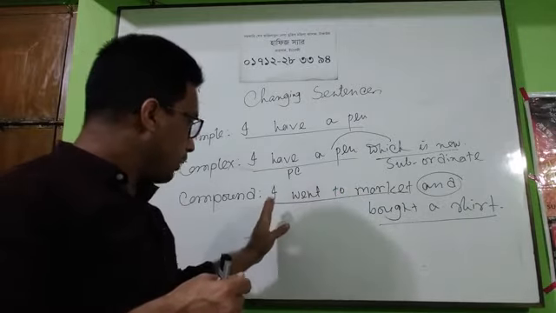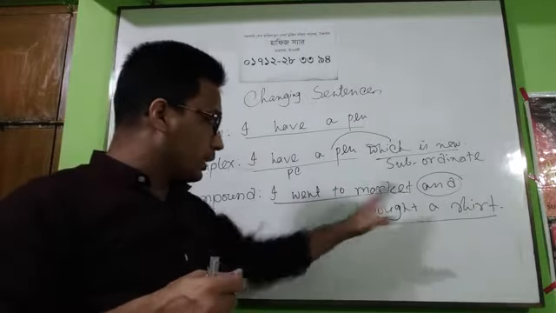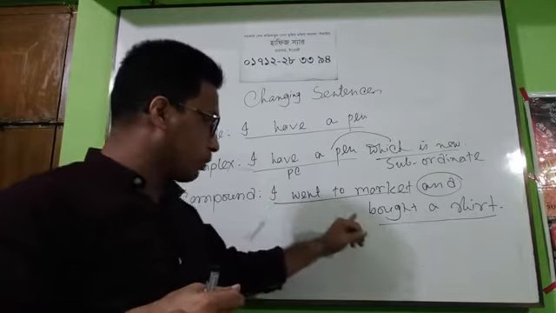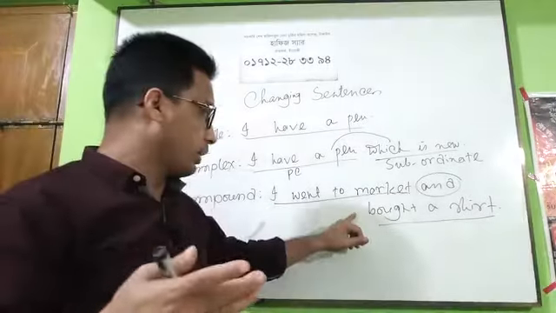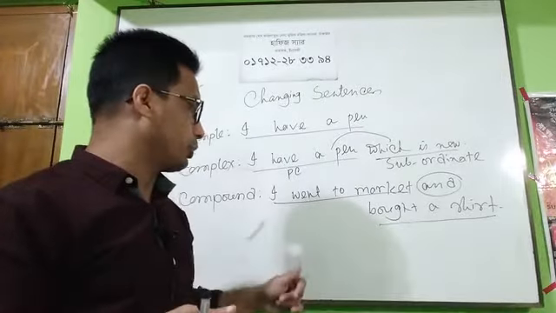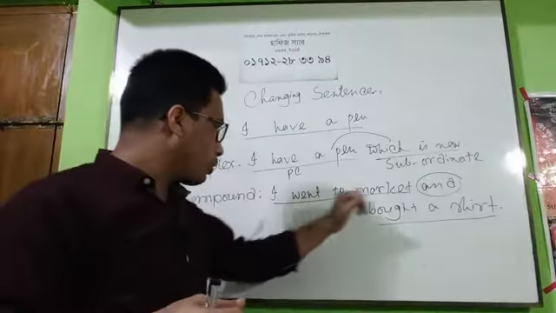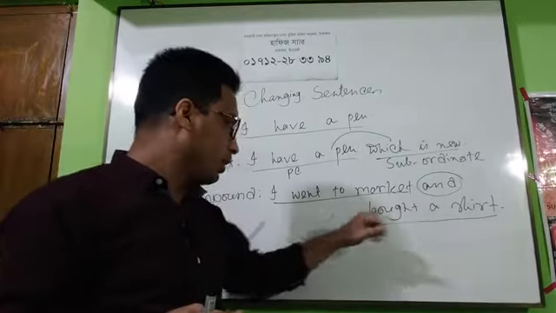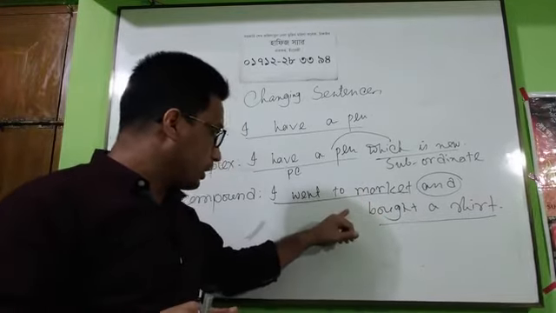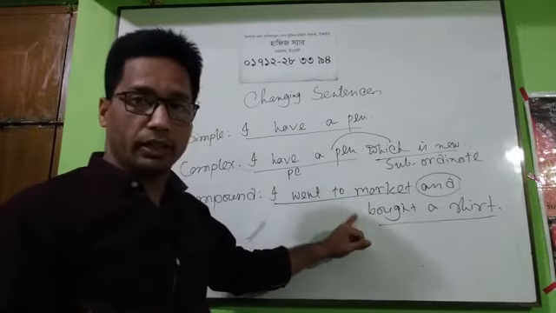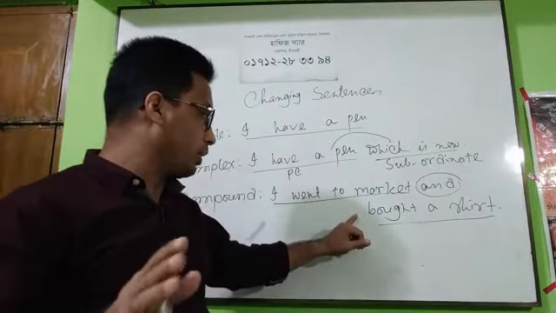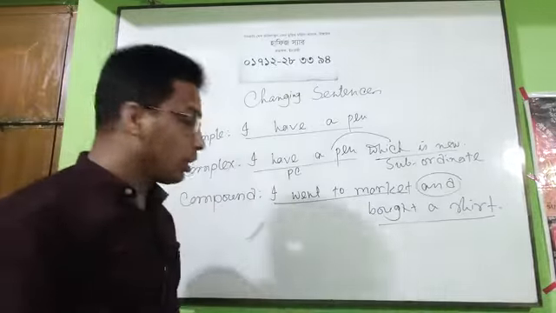That is, if the subject is the same in the first clause and second clause, then the second subject is usually hidden. Okay, it's unnecessary to use, and that's why I went to market and bought a shirt. So in the beginning of the second clause, the subject I is hidden. It's not necessary to use.